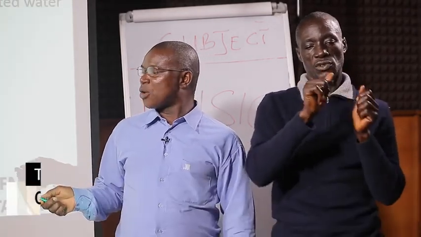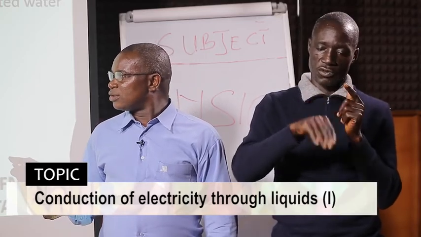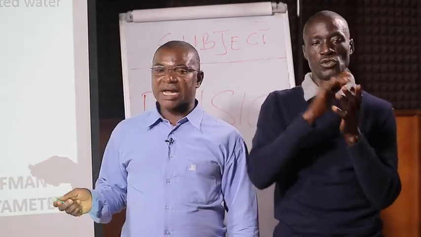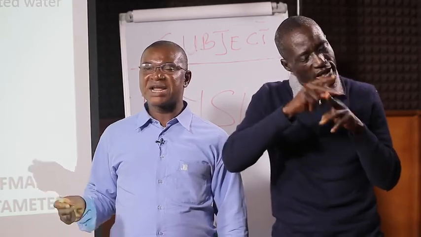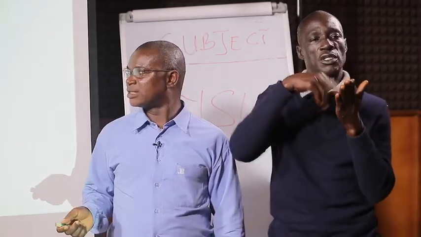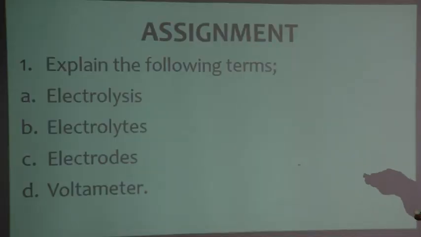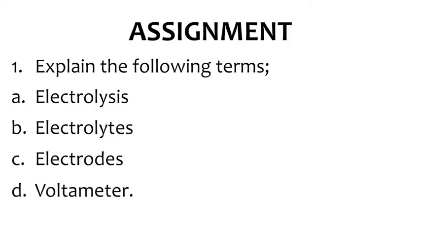With this, we want to give you an assignment to keep you busy and make reference to what we have just said this morning, so as to help you. This assignment is not limited to what we are going to give you. Please contact other books, with references we are also going to give, to help you search more information on the same. Number one: explain the following terms.